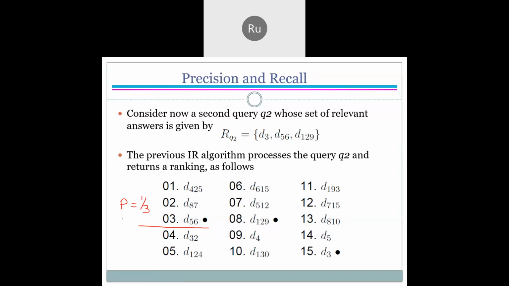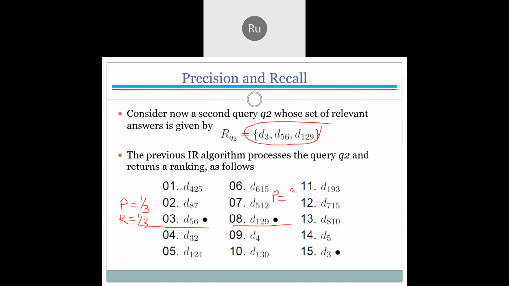What is the recall? 1/3 also. Yes. Because we have only 3 documents here. So the recall is how many of the relevant documents have been recalled so far. So we have 1/3 also. Okay, when we are here, this is the position that we have. How precise is the retrieval at this point? 2/8.